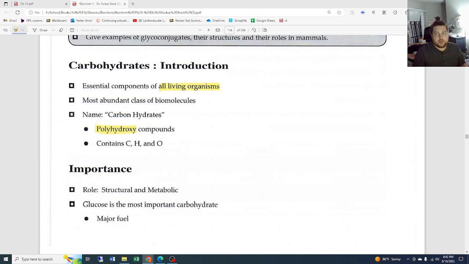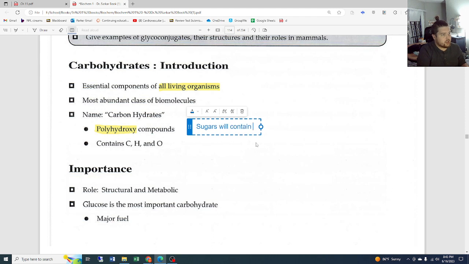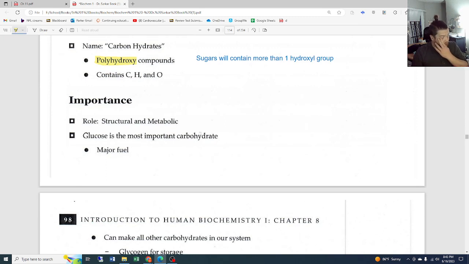So sugars will contain more than one hydroxyl group. They contain carbon, hydrogen, and oxygen. Their role, they have both a structural and a metabolic role. Metabolic referring mostly to energy when you hear the term metabolic.